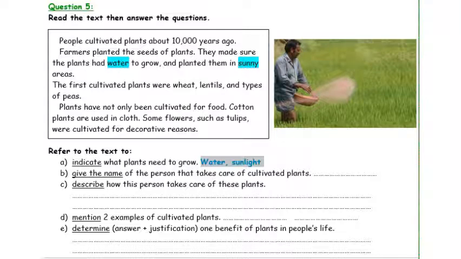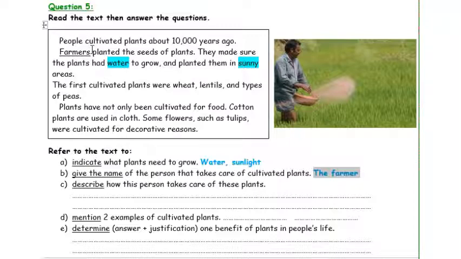Give the name of the person that takes care of cultivated plants. Is it me, Miss Fatten? No, it's the farmer or the gardener, but in the text they said farmer. The farmer cares for the cultivated plants by providing them with their needs. How do farmers care for the cultivated plants?